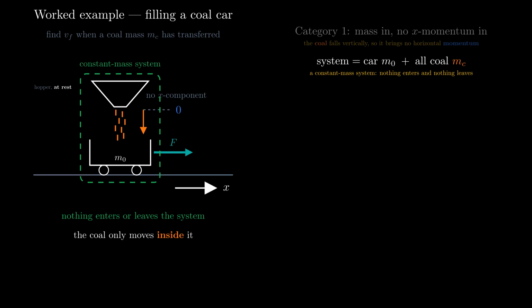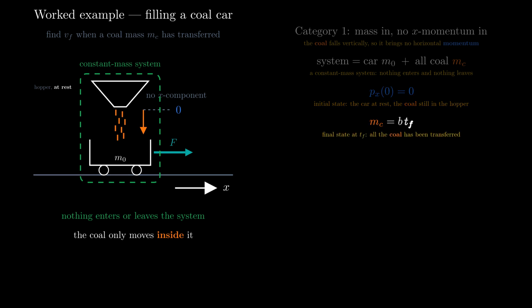We track momentum along the horizontal direction, which we call the x direction. The initial state at time 0 is the empty car at rest before any coal has arrived. The coal still sitting in the hopper has no horizontal velocity, so the x component of the system momentum starts at 0.